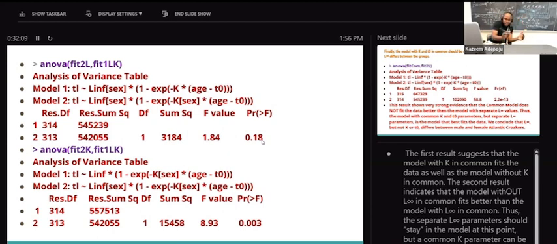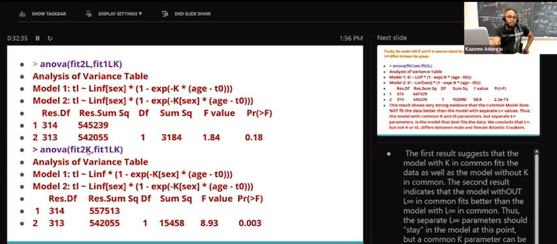When you look at the 0.18, we fail to reject the hypothesis of fit two in common. What are those parameters that are common? You can see fit 2 L here. That would be K and T0. Does that make sense?